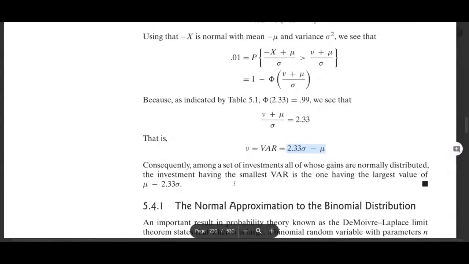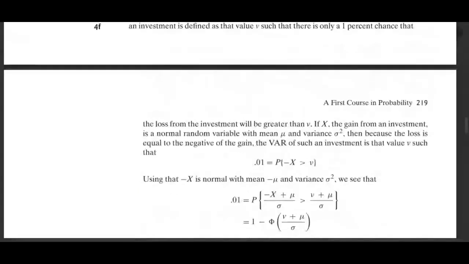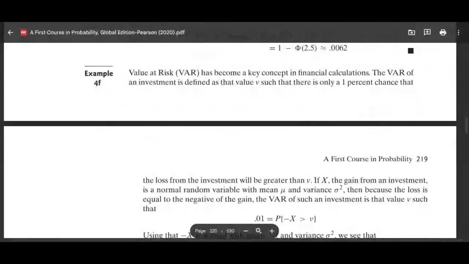Consequently, among a set of investments, all of whose gains are normally distributed, the investment having the smallest VAR is the one having the largest value of mu minus 2.33 sigma. Very interesting. I guess in the financial world, the VAR is this.